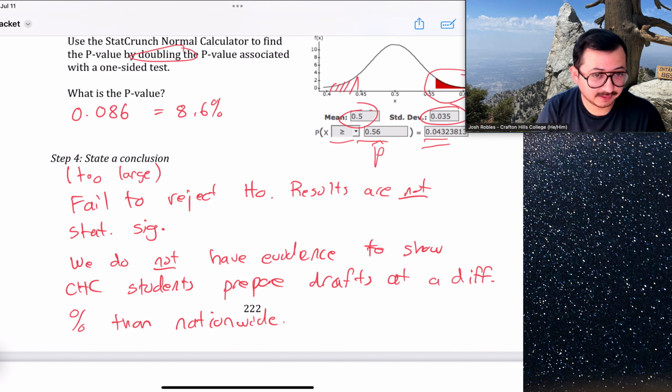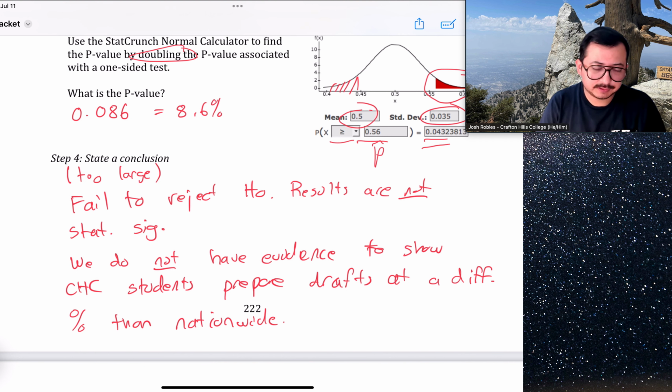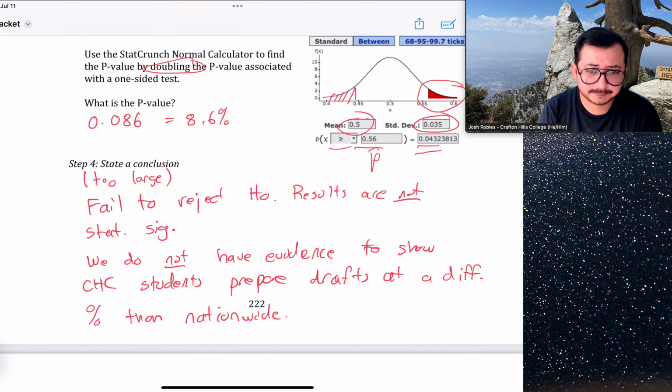Any number was going to be different if it wasn't 50. It was larger. Was it different enough? In this case, no. We're not sure that Crafton students are different. A lot of times if you have an idea whether it was going to be more or less, that's probably more common to set it up to calculate the p-value, but it could be good to do this to represent your uncertainty.